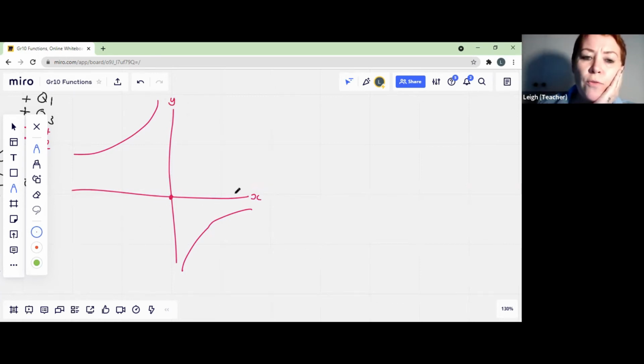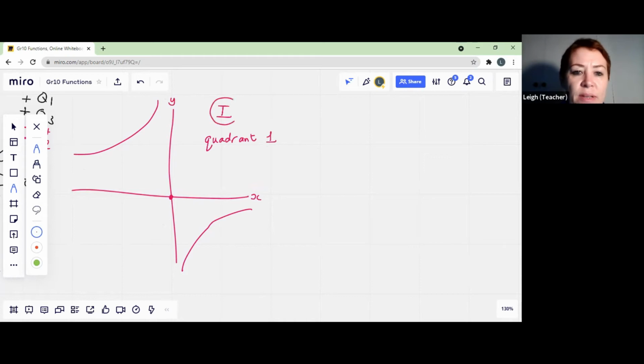Because they cross over one another, it creates 4 regions. So this region over here is always called quadrant number 1. For some reason, they use Roman numerals, but you can just call it quadrant number 1. And in quadrant number 1, x is positive and y is positive.